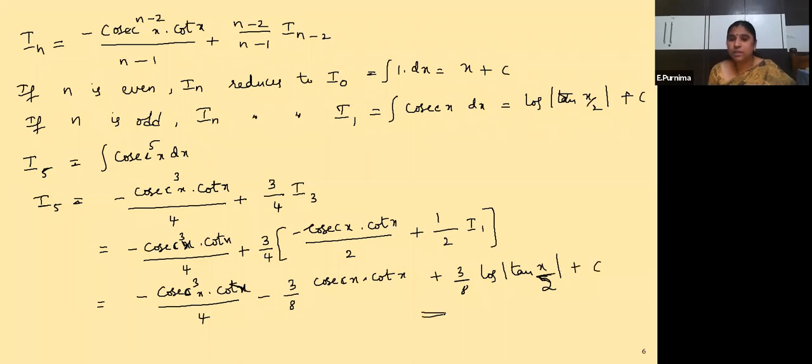Understood, children? So like this we have to solve our sum. So this is your I5, which is nothing but the integral of cosecant to the power of 5x dx. Clear, children? So this is your question.